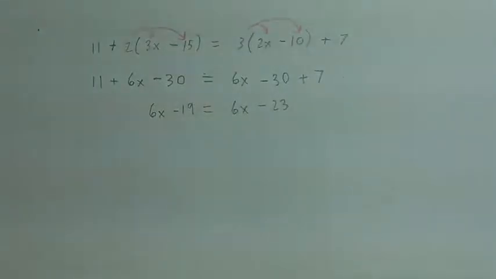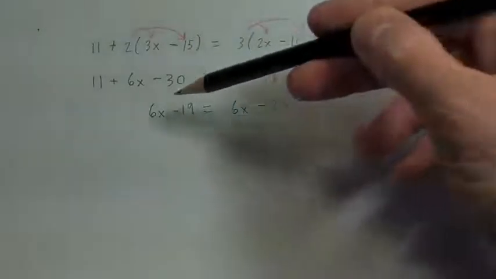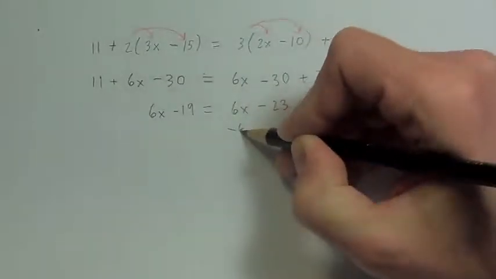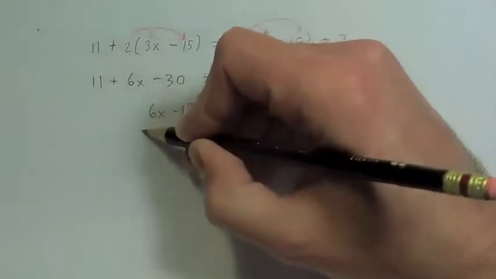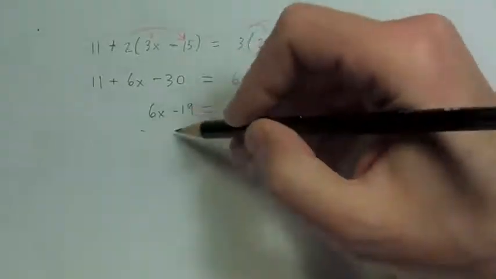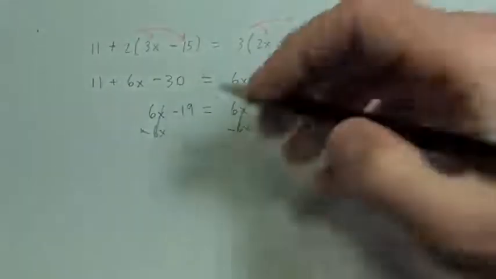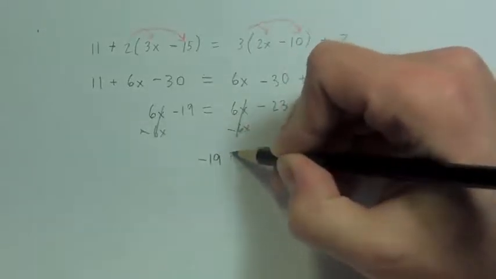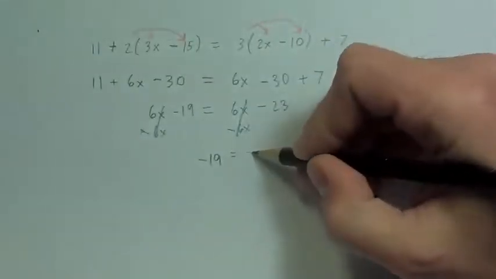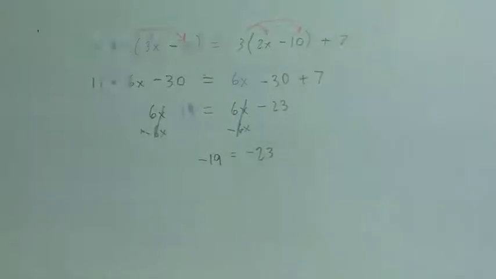Okay, so we have this equation now. All right, and if, like last time, I start by moving my x's which match, let's say move this 6x over to here, what happens is those 6x's cancel, and then we get down to this equation here, that negative 19 is equal to negative 23.